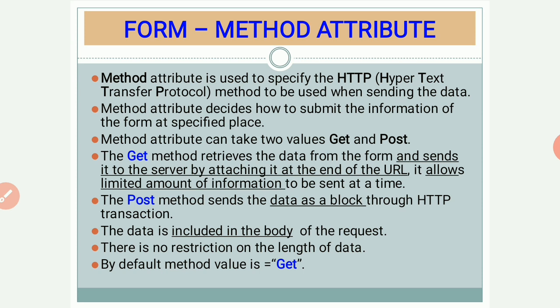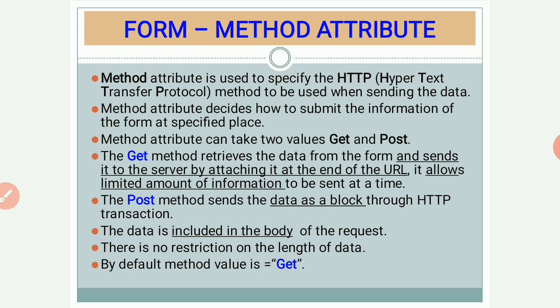That is, any size of data can be transferred with the help of the post method. So here we can see that the get method allows us to transfer only a limited amount of information at one time, but with the help of the post method, there is no restriction on the data to be sent.